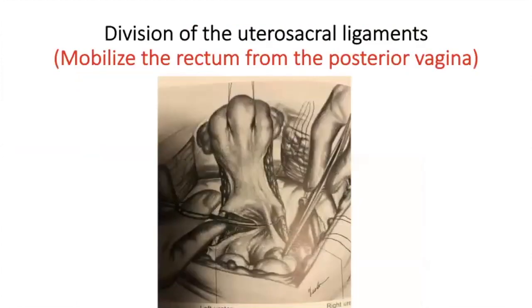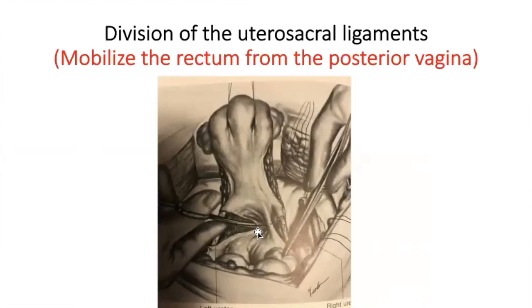We then turn our attention to the posterior aspect of the surgical procedure, which is division of the uterosacral ligaments. The first step towards identifying and dividing the uterosacral ligaments is mobilizing the anterior rectum off of the posterior vagina.